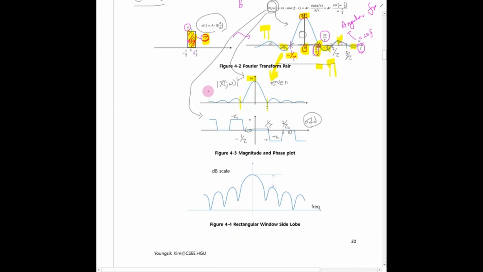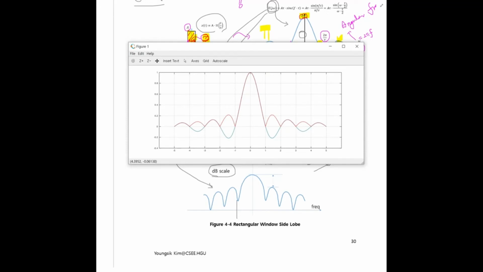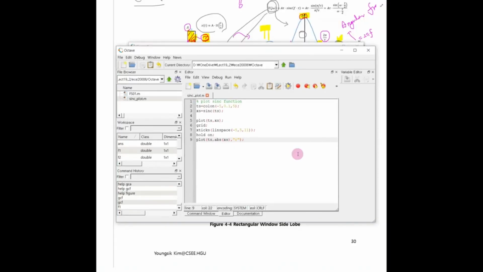The magnitude plot can be done using a dB scale. We take 20 times log 10 of the absolute value of X(j omega) for the dB scale plot. This corresponds to the first null. I can show you that here. Let me hold off and open another figure.